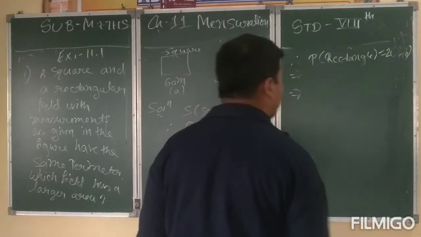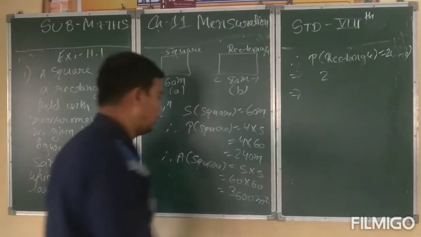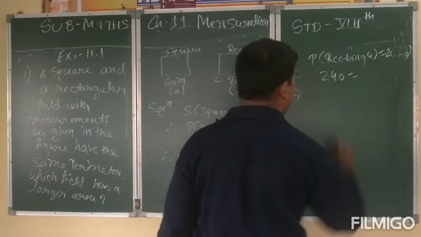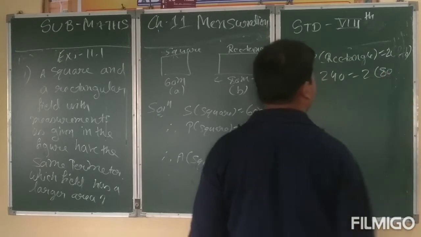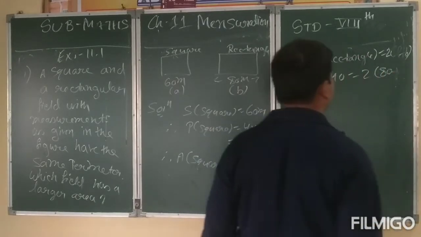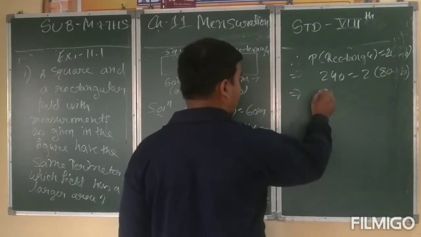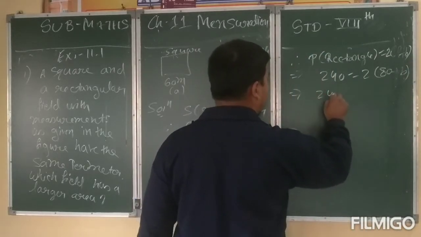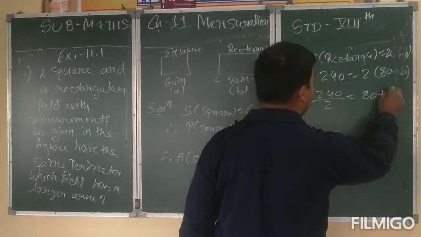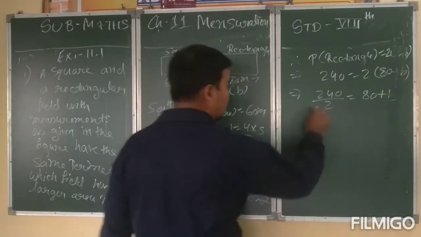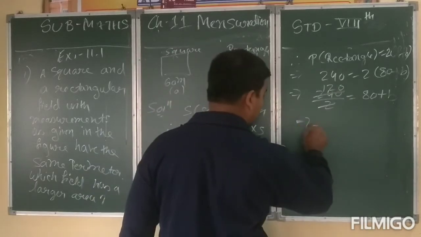The perimeter of the rectangle is 2 into (L plus B), already given as 240. The length is 80 plus breadth, and breadth we have to find out. So 240 divided by 2 is 120, so 80 plus B equals 120.